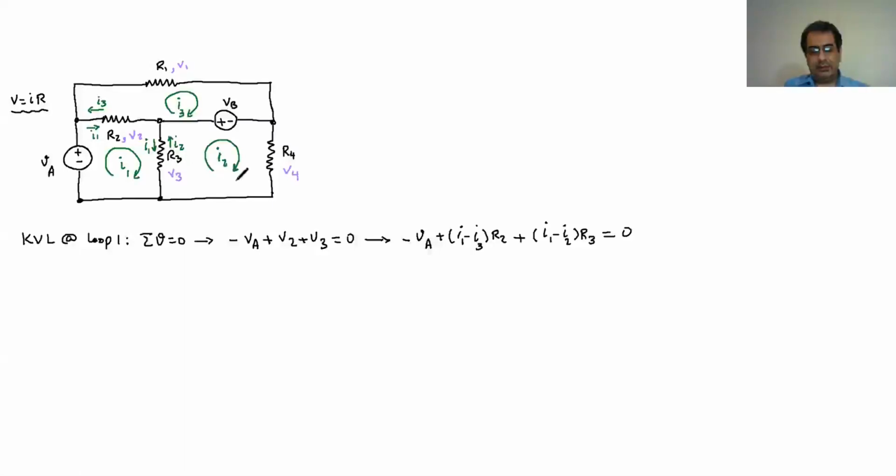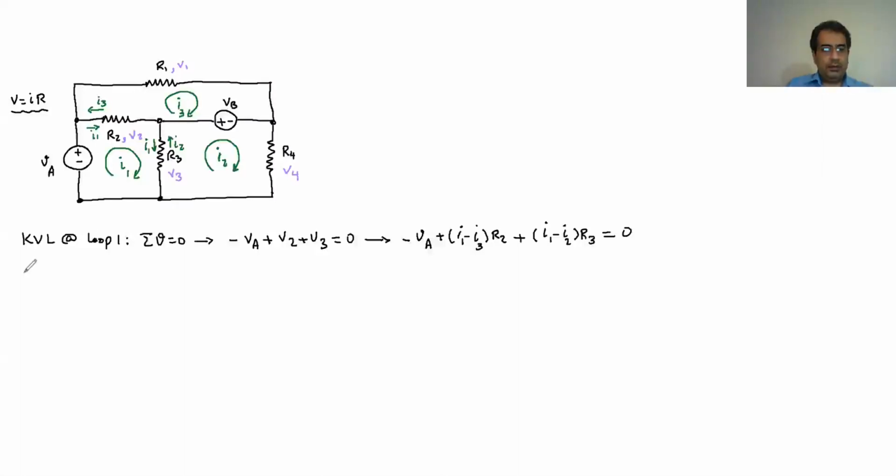In most cases, I don't want to say all cases, they're going to be in the opposite direction. Unless you consider I2 rotating counterclockwise, then it's going to be another story. So this is the equation I have for the first loop.